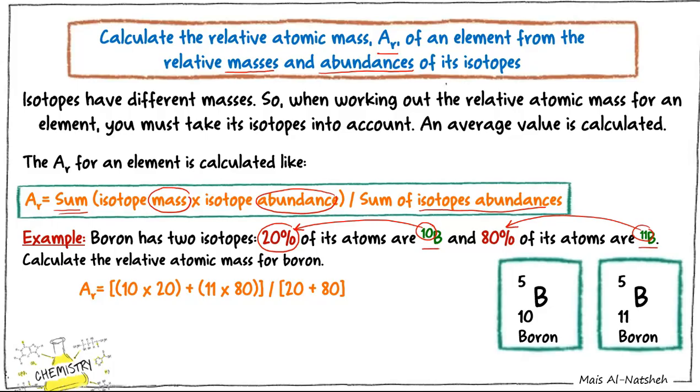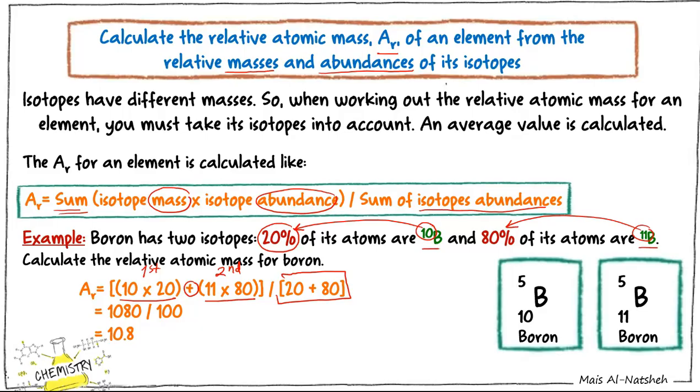So do the calculations: 10 times 20 for the first isotope and add it to 11 times 80 for the second isotope, add the values to each other, and divide by the total abundances, 20 plus 80. Do your calculations, and you will find the relative atomic mass for boron equals 10.8.